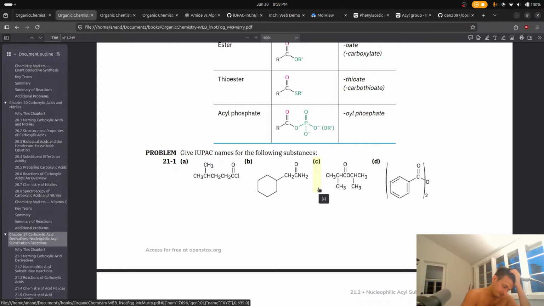And then this would be propanoic. So then it would be propanoate. 2-methyl ethyl, 2-methyl propanoate. Okay.